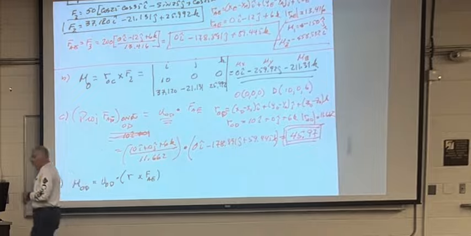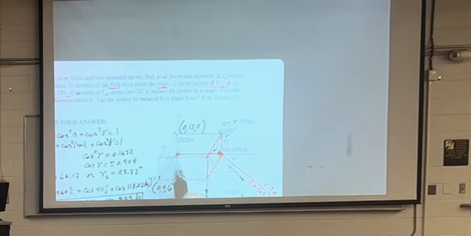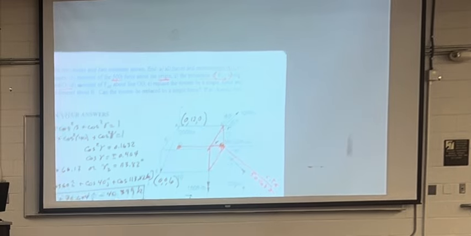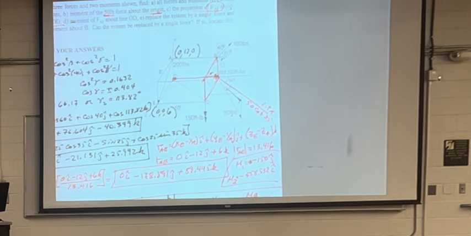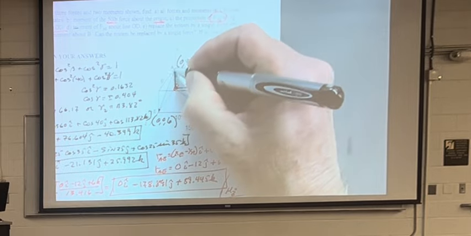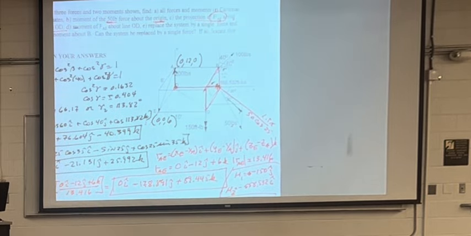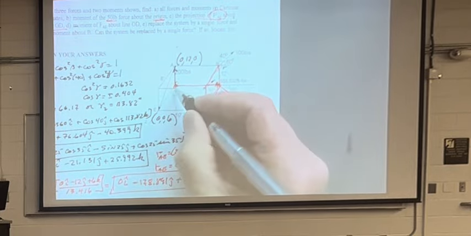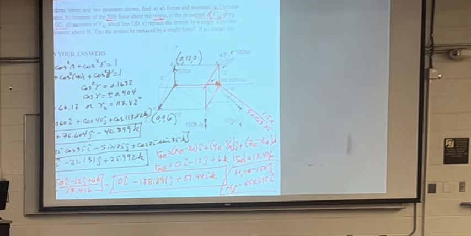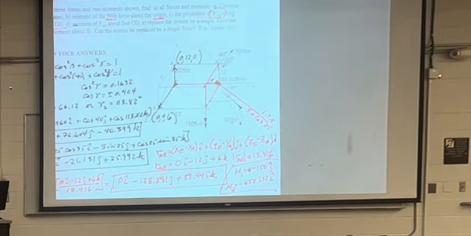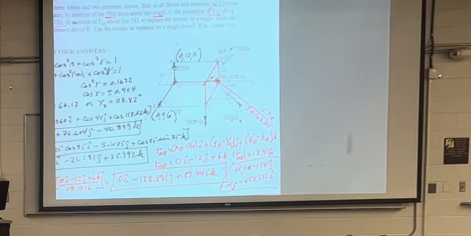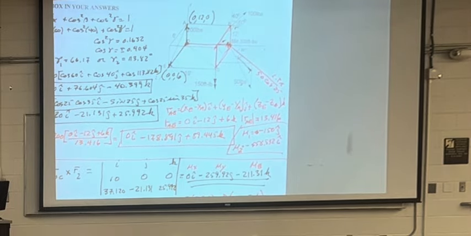So this R has to go from OD to the force. Well, guess what? This could be OA, that vector. This could be OE, that vector. It could be DA. It could be DE.